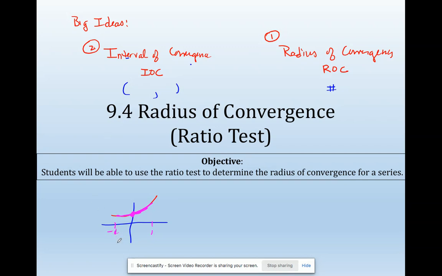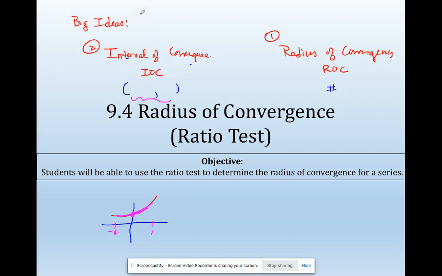You saw from our Maclaurin series, right, our famous ones, sine of x, cosine of x, e to the x, the interval of convergence is infinite. That's the best case scenario, right? So your interval of convergence gives you values of x that you can plug into your power series and create convergent numeric series, right?